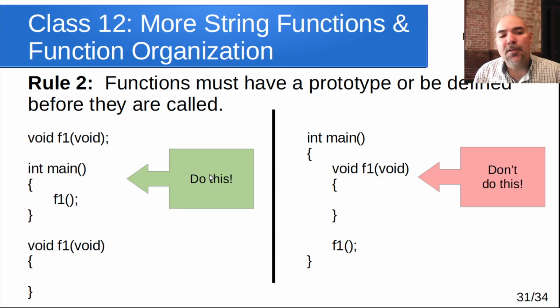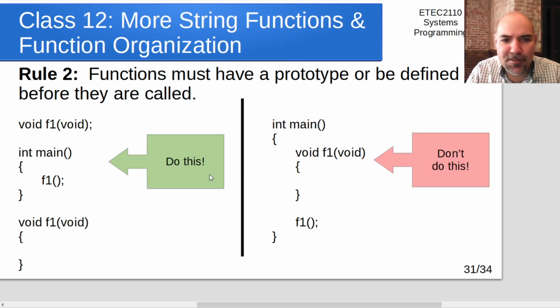Rule 2: functions should not be nested within other function definitions. Actually, this is just labeled wrong. Let me fix that real quick, and let me fix the layout of this.